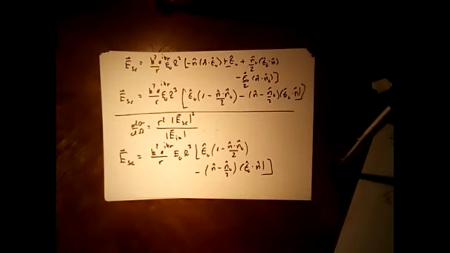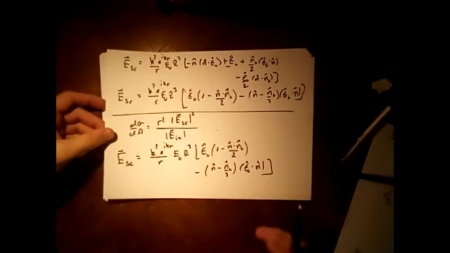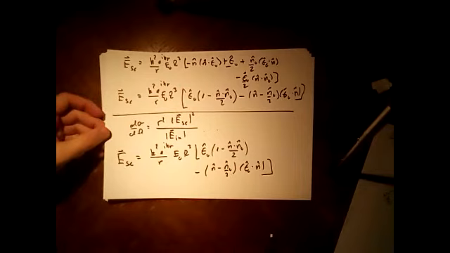So that's what we have, and now we want to square this. Then we're going to analyze it, make some sort of angular analysis on it. So I'm going to square it first.